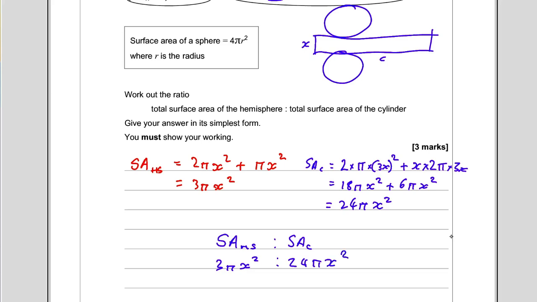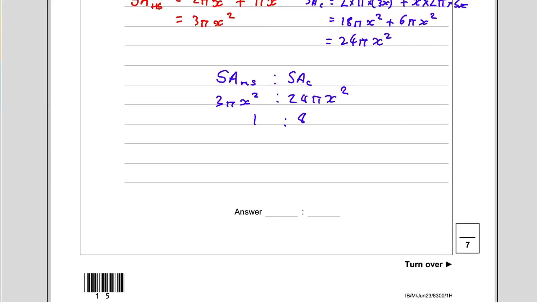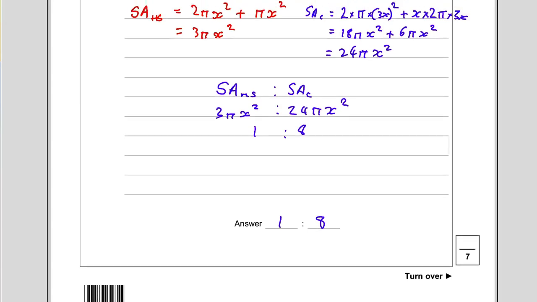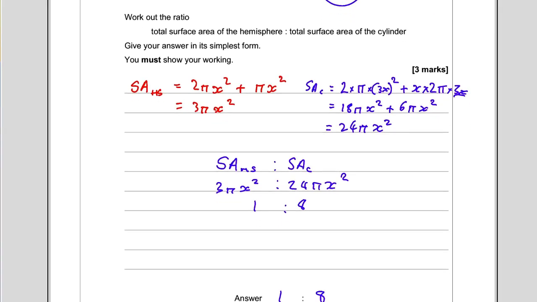And we can cancel the pi x squared on both sides. And then we can actually cancel by 3 as well. So that's going to be just 1 to 8. So my answer is 1 to 8. Apologies for that slight mistake with the radius of the circle that I made there.